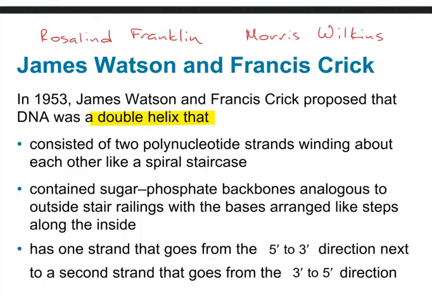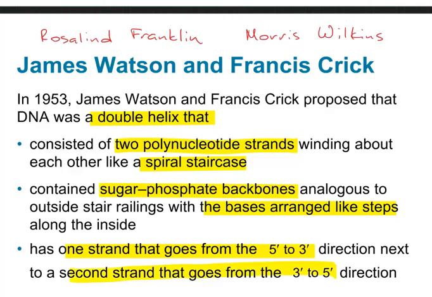So they suggested that there are 2 strands of nucleotides. They wind around each other as a spiral. The sugar and the phosphate form the backbone. Bases are arranged as steps inside. And what's important, the strands were anti-parallel. One strand goes from 5' to 3', and the second strand goes in the opposite direction.